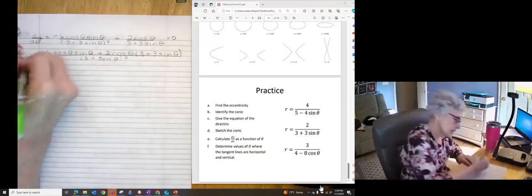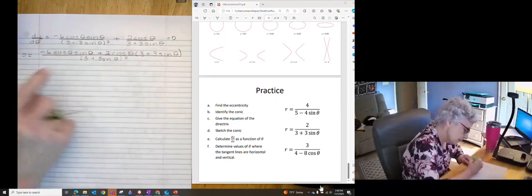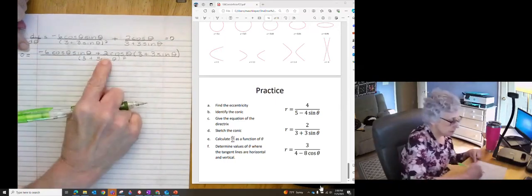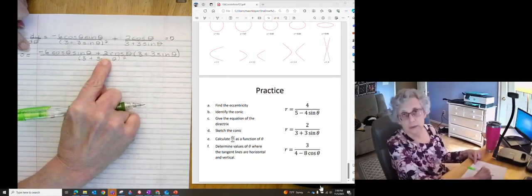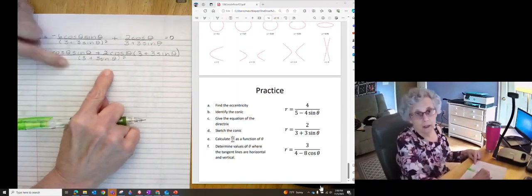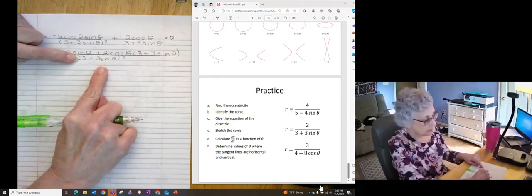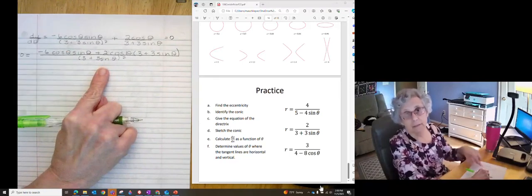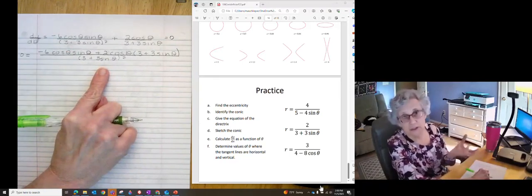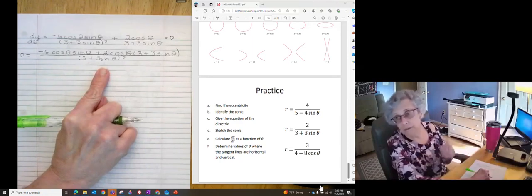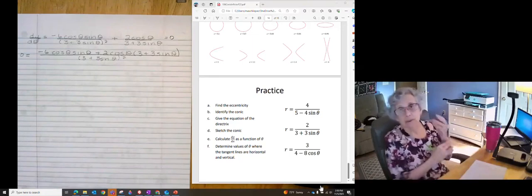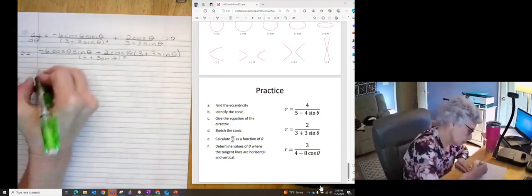Now I'm setting this equal to 0. This is equal to 0 when the numerator is equal to 0. The denominator is equal to 0 when theta is 3 pi halves, but this function is not defined there because that's a 0 in the denominator of your original function. So we don't have to worry about that. We can just look at the numerator.